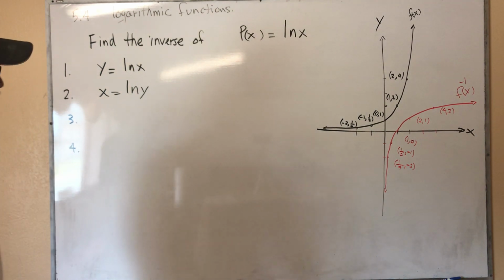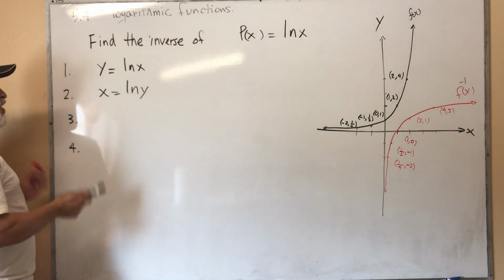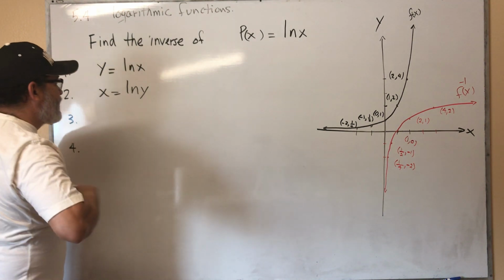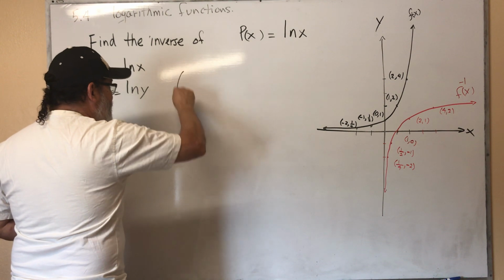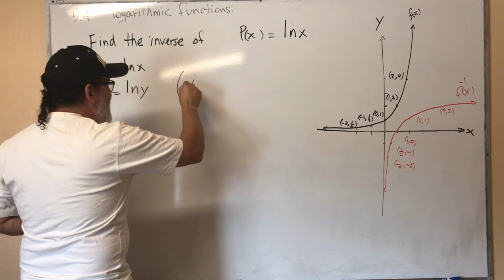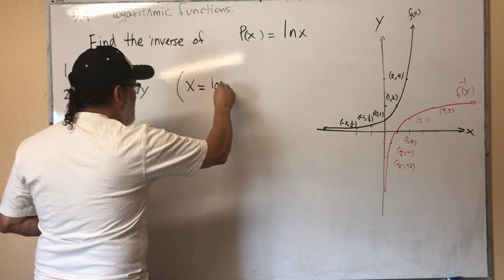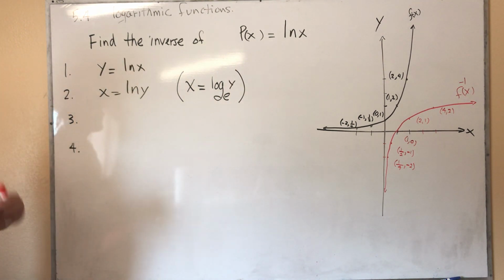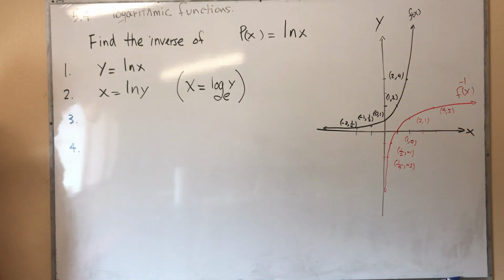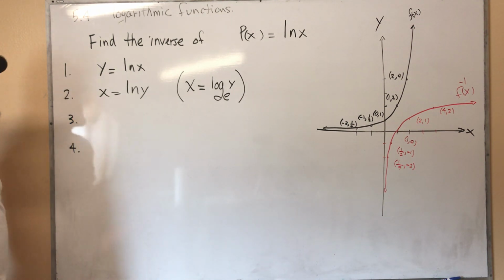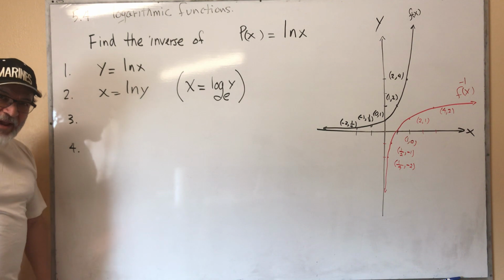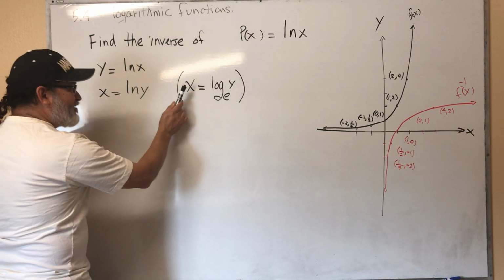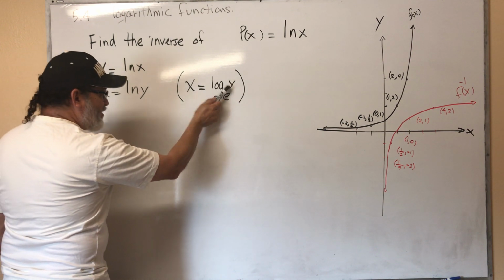Solve for y. Now, if you're going to solve for y, you better remember what this ln represents. Let me write it in parentheses: x equals log base e of y. Now we can solve for y. This is the base, this is the power, and thus the argument.